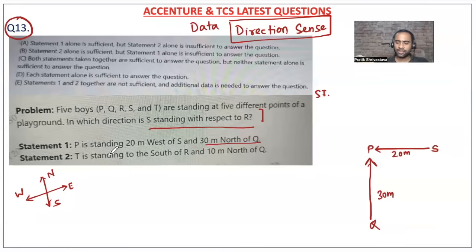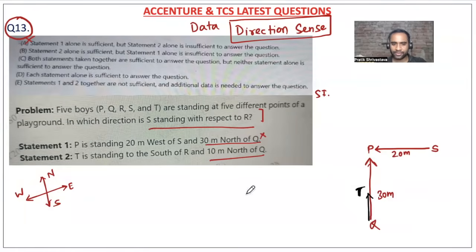Now from statement 1, can you tell which direction S is standing with respect to R? R is not given itself, right? So this is wrong. Then T is standing to the south of R and 10-meter north of Q. So 10-meter north of Q, you have T. Okay, fine.